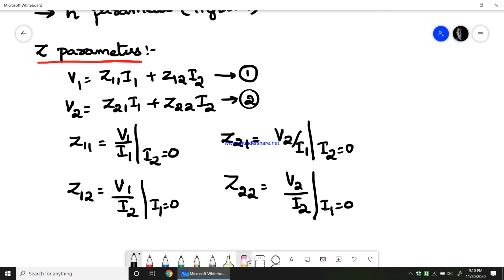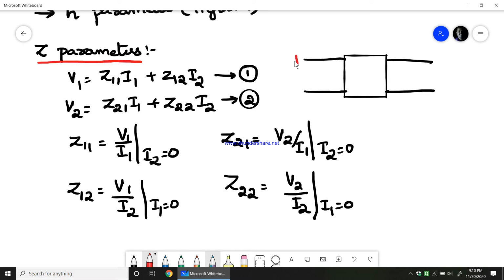Think of a two-port network where we are finding the Z parameters, where this is port 1 and this is port 2, port 1 has V1 and I1, and port 2 has I2 and V2. When finding Z11 and Z21, we make I2 equal to 0.